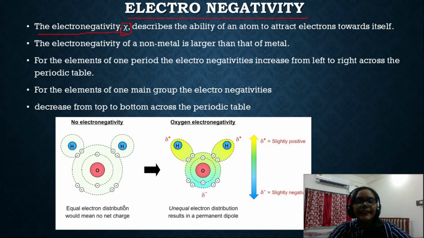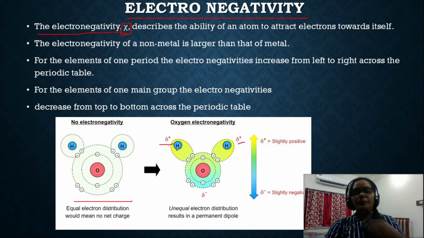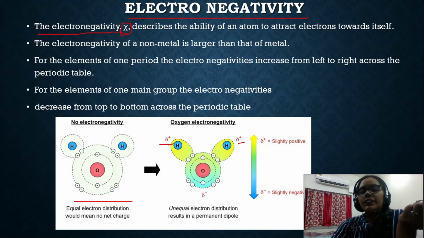Now you can see in the picture, that is an H2O molecule. This is oxygen, and these are the hydrogens. Above the hydrogen we have delta plus, because between hydrogen and oxygen, oxygen is the more electronegative atom.